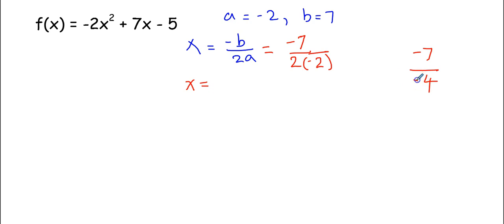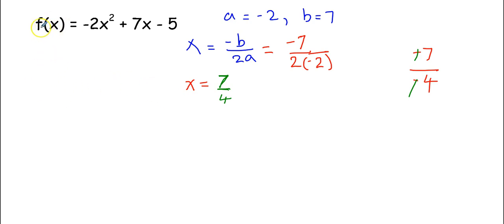So in my quotient, the negative and negative cancel off. You can just write 7 over 4. So axis of symmetry is 7 divided by 4.